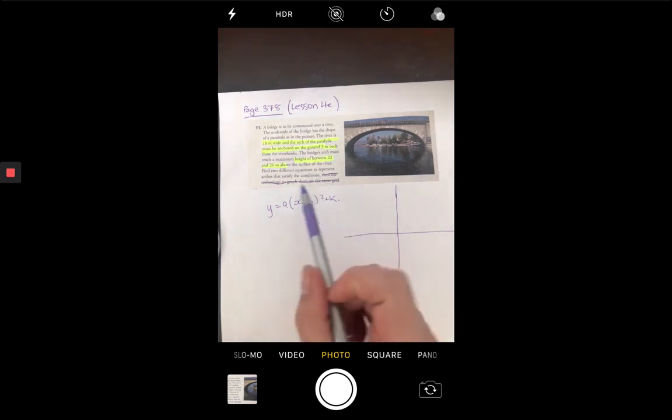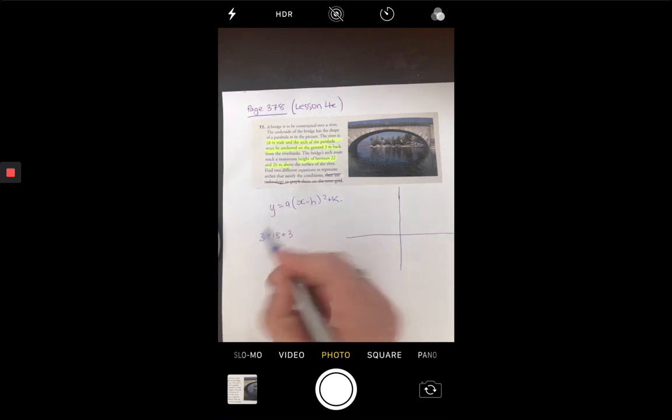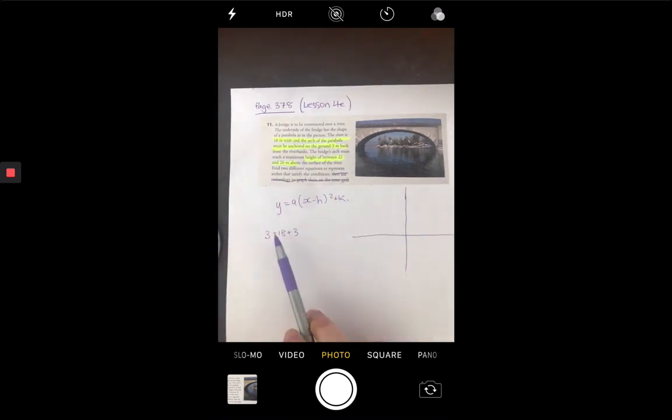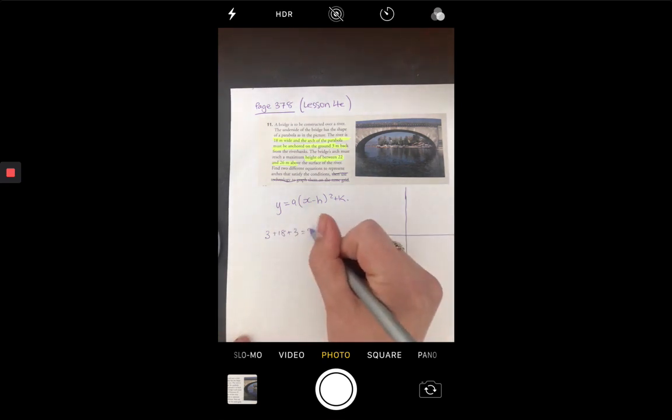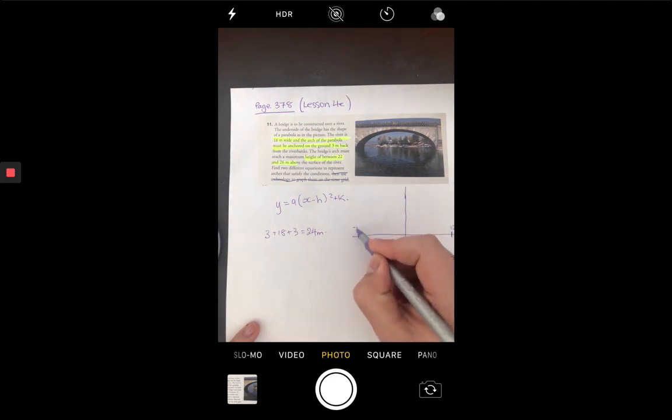So our width of our bridge, we're told, is 18 metres plus 3 metres on either side, because it has to be over the river. So that is equal to 24 metres. So I am going to say the middle of my bridge is going to be my y-axis. So I can say that on this side I have 12 metres of bridge, and on this side I have negative 12 metres of bridge.